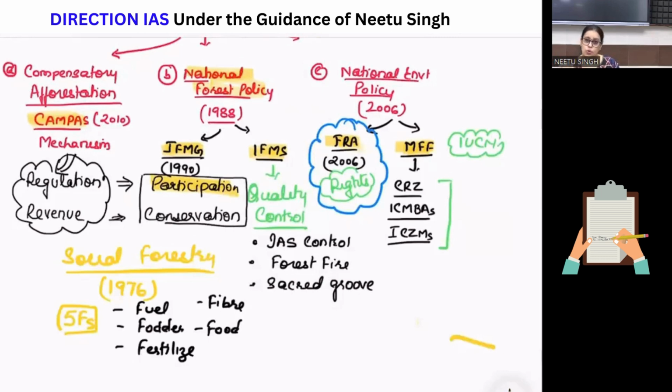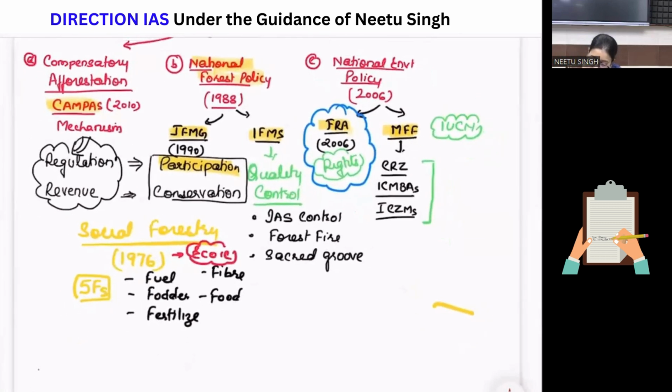By ensuring that farmers produce their own wood for their own requirement, we minimize the pressure on forests and maximize the use of animal excreta as biotic manure. Social forestry was mobilized. So 1976 social forestry was essentially an economic activity; we were more focused on economic activity. And the National Forest Policy marked its utilization into afforestation.